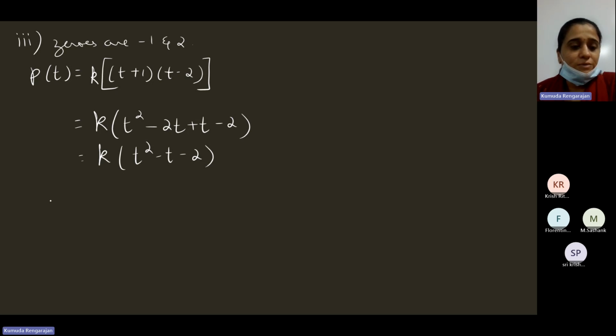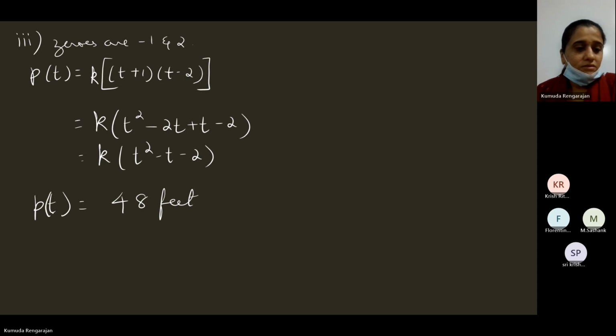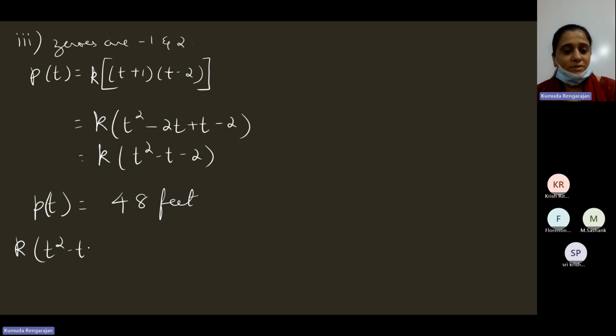So what is P of t here? P of t represents the height, so P of t is equal to 48 feet. That is, k into t square minus t minus 2 is equal to 48.